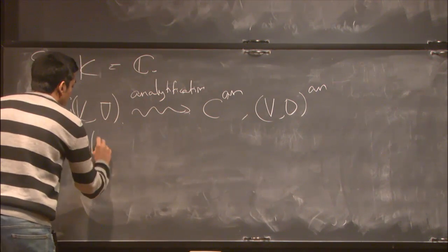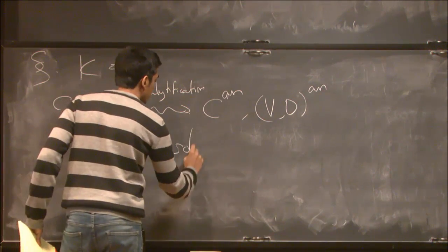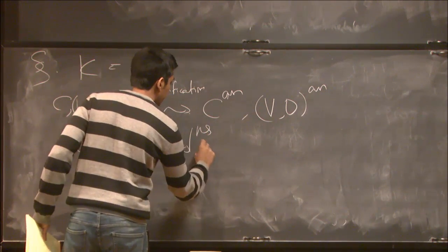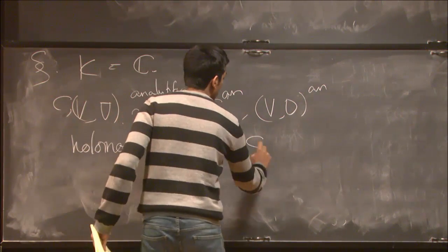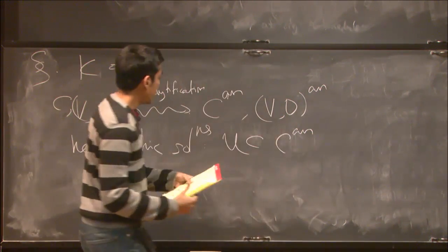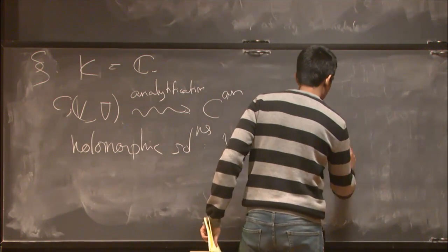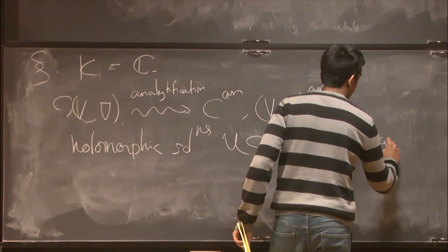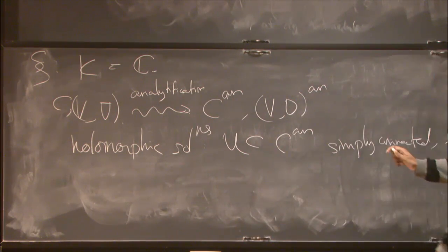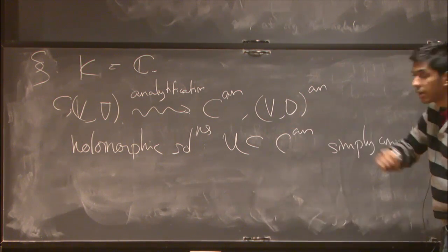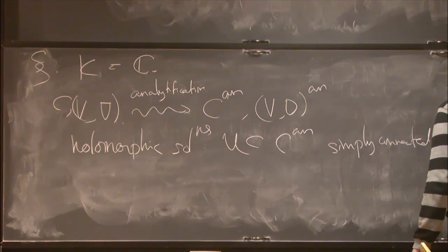And the thing about holomorphic solutions is that they're a lot easier to come by. In fact, they always exist locally. So if you take U, which is going to be a simply connected open set of C^an, then if you pull back V and nabla to U, you'll always be able to find a full set of solutions, holomorphic solutions.